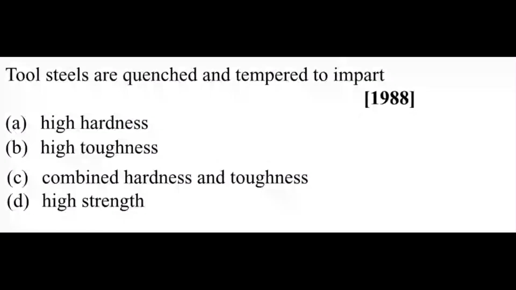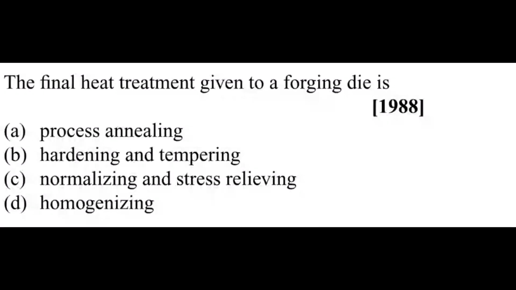Tool steels are quenched and tempered to impart combined hardness and toughness. The final heat treatment given to a forging die is hardening and tempering.